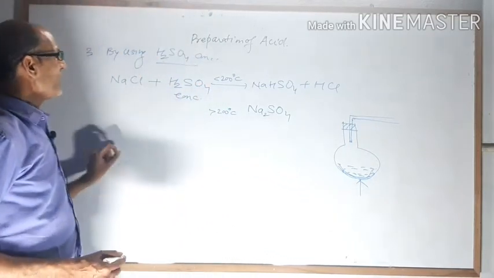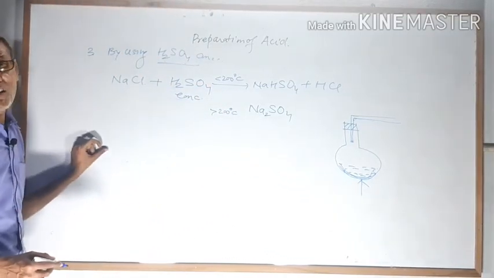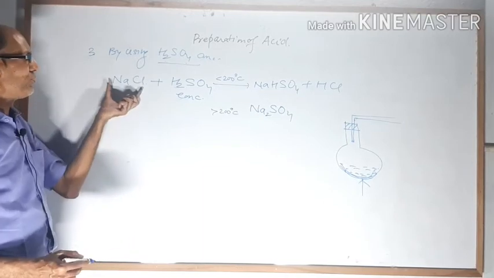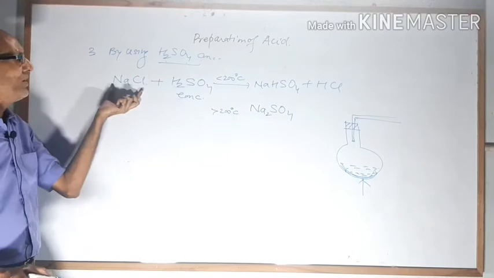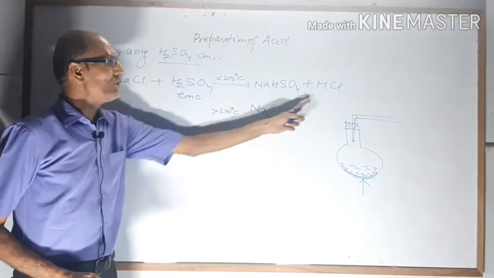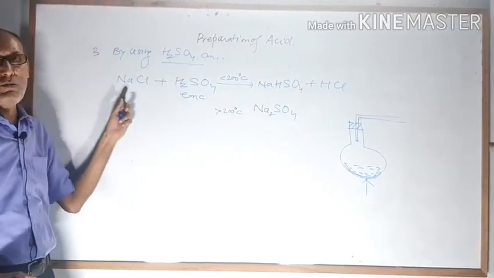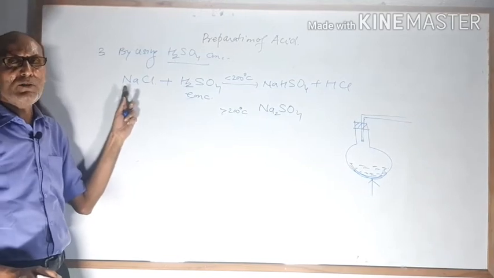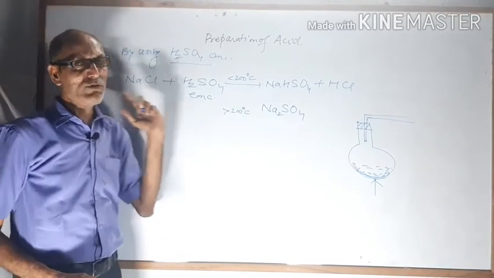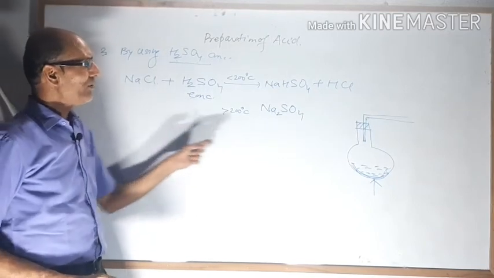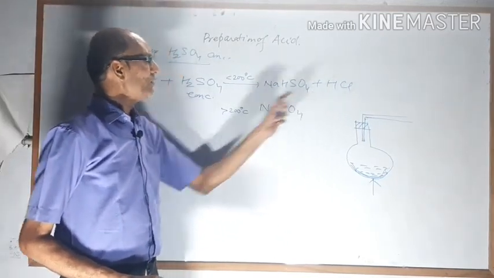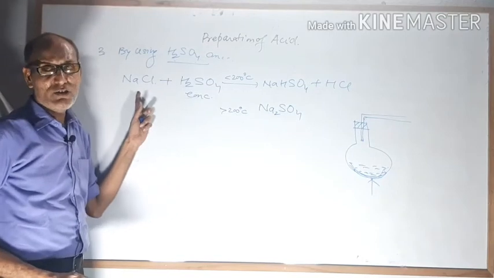Okay students, if you want to prepare nitric acid, what do we have to take here? Any nitrate salt. Again I am telling you, if you want to prepare hydrochloric acid, you have to take a chloride salt. If you want to prepare nitric acid, whose formula is HNO3, you have to take a nitrate salt.